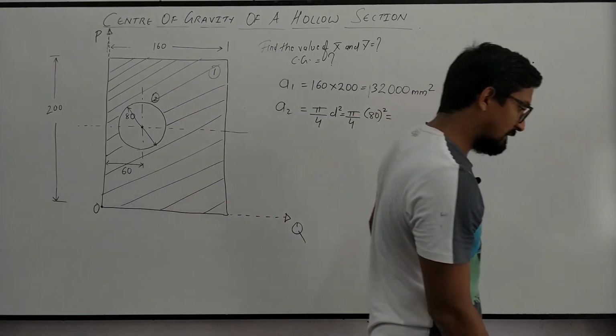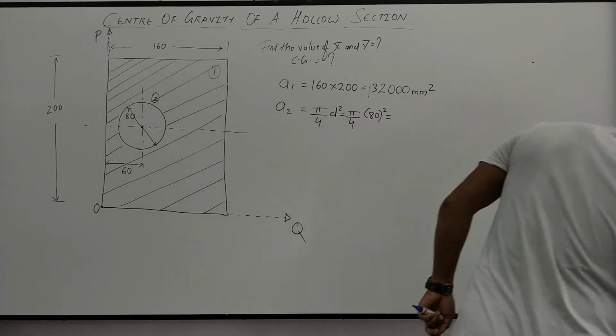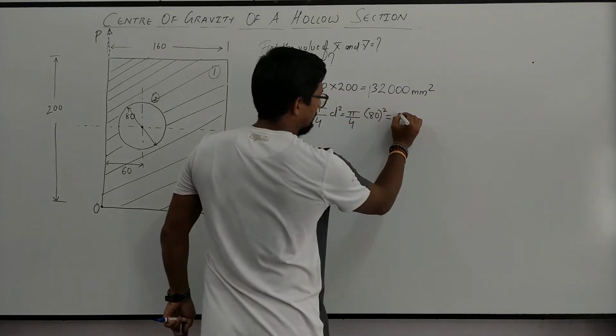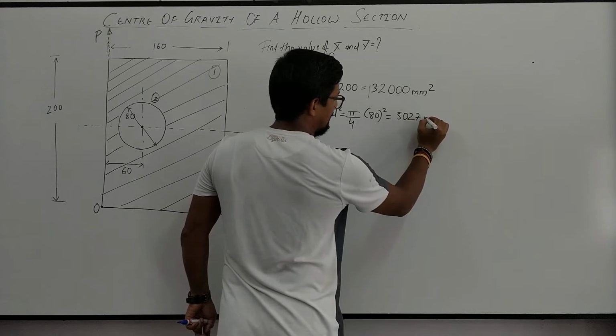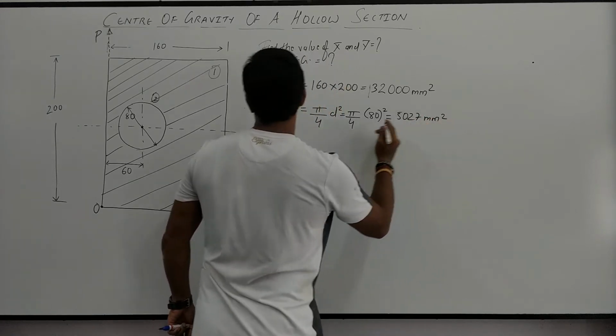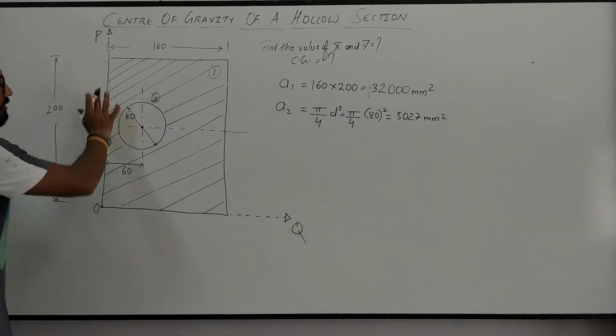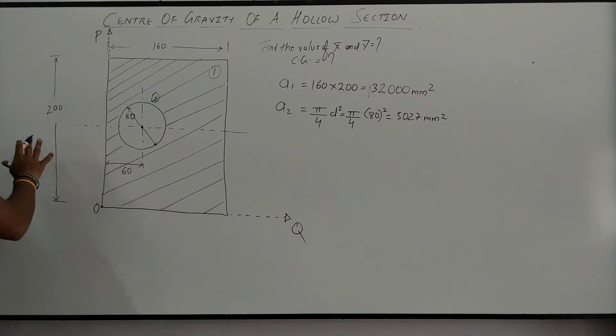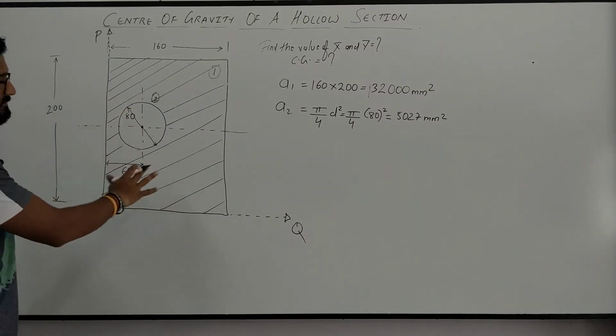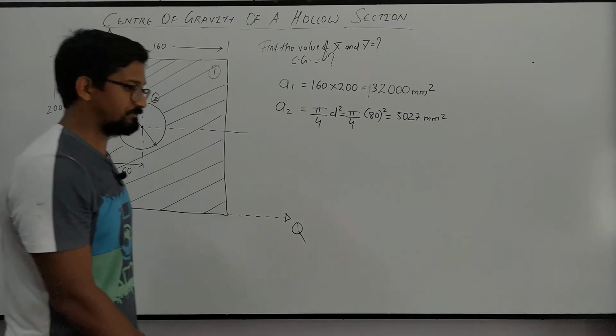So the answer is coming out to be 5027 mm square. In this problem all the dimensions are in mm, correct? So that's why no mm is mentioned, all the dimensions are in mm.